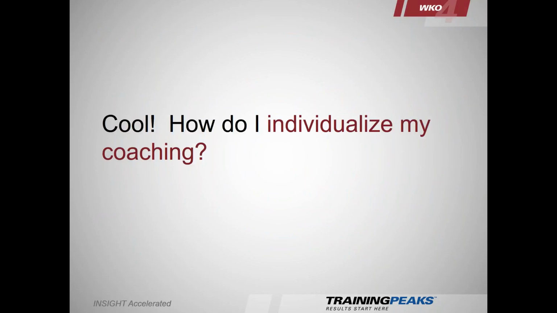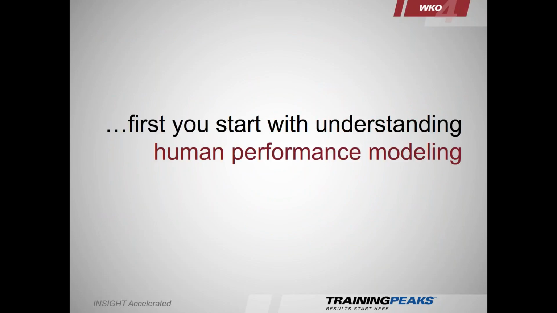Cool. So how do you go about doing this? Well, first we start with understanding human performance modeling. And one of the things when we built WKO4, and for those of you who have used it, you have become very familiar, and you can see the language that is in the Facebook group and stuff like that, how comfortable we've become with it. But go back, and I see one or two of our beta group, some of our oldest users, on this meeting.